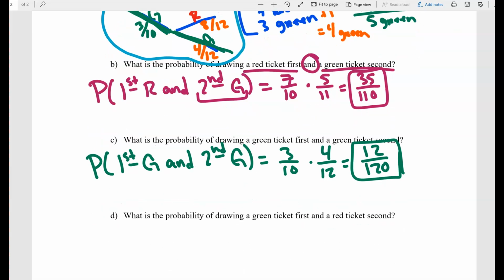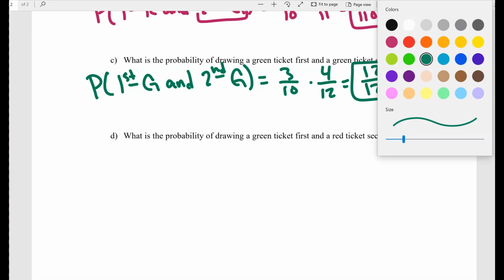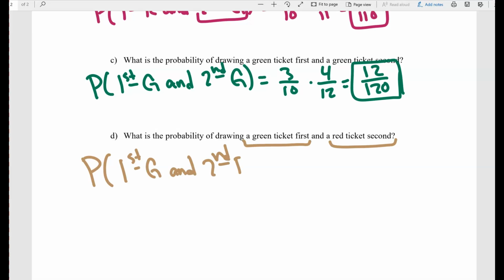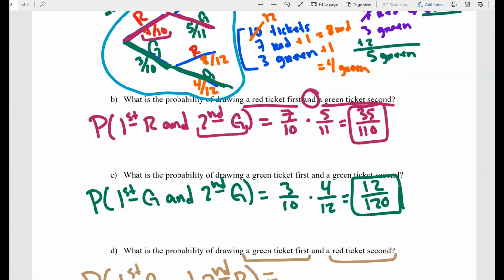All right, and now the last problem, change that color. So we're looking for the probability of a green ticket first and a red ticket second. Probability of first one being green and second being red. So the probability of the first being green, let's go back up.